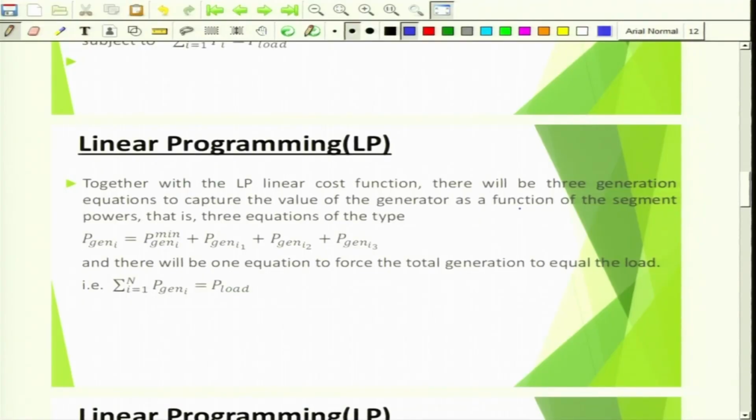Now, together with the linear programming, linear cost function, there will be 3 generation equations to capture the value of the generator as a function of the segment powers, that is 3 equations of the type. Now, this is what you get. I am just summarizing. The generation of the ith generator is nothing but the minimum generation of the ith generator plus their individual segments. Here we are considering 3 segments, it could be 100 segments also. And there will be one equation to force the total generation to equal the load, which is total generation is equal to total load of all the generators.